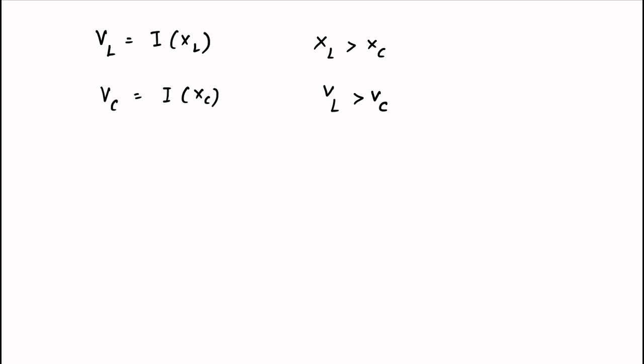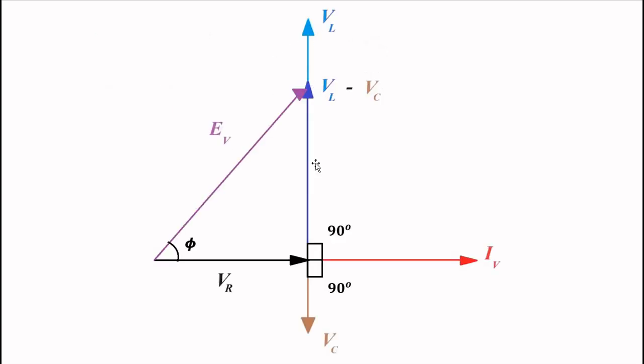As you can see from this phasor diagram, the VL is from here to here. It is greater than VC, which is of smaller magnitude in the opposite direction. Here this arrowhead VL minus VC represents the difference between these two phasors, that is VL and VC, up to this. So the net resultant EMF, which is the applied EMF here, the virtual value, is found by joining these 2 points.